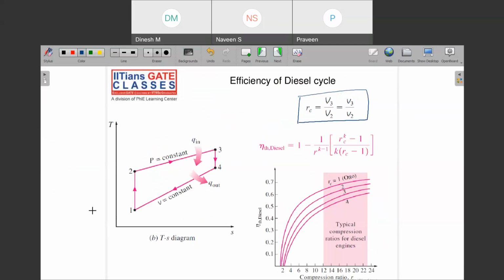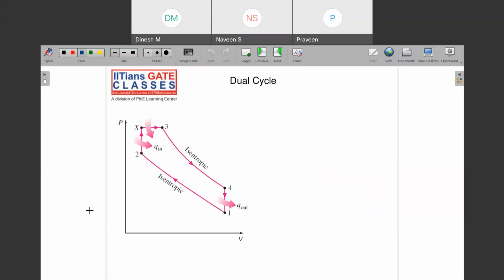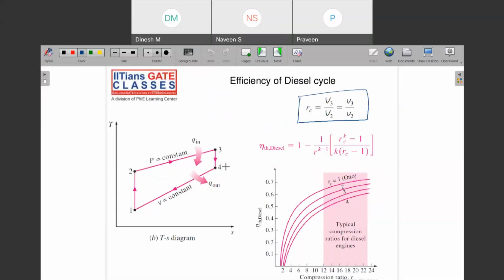The derivation is not important, so I have skipped it, but let me show you quickly that thermal efficiency is 1 minus Q out upon Q in, right? So what is the Q in value?